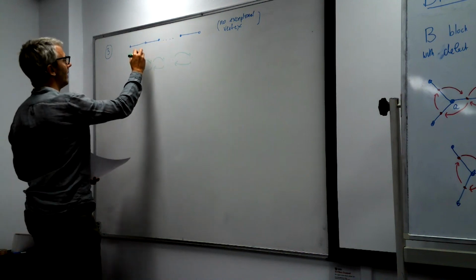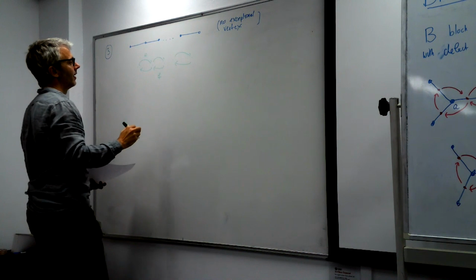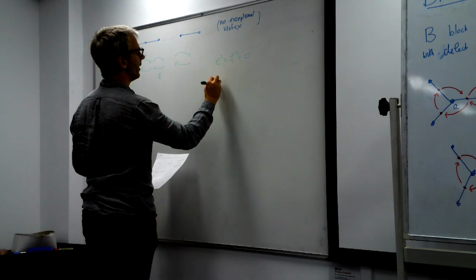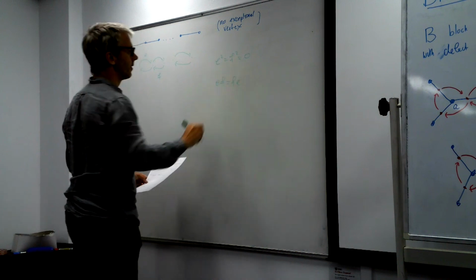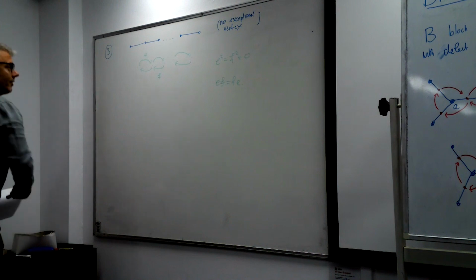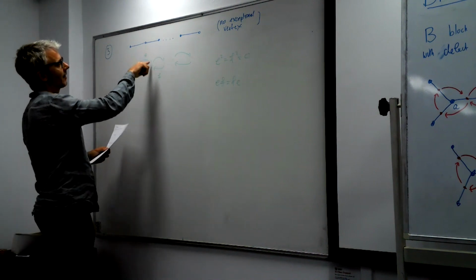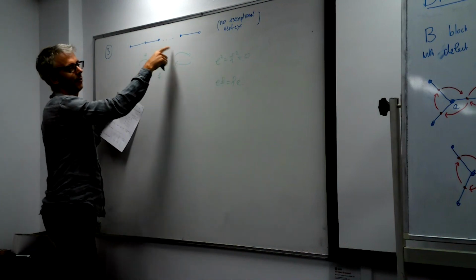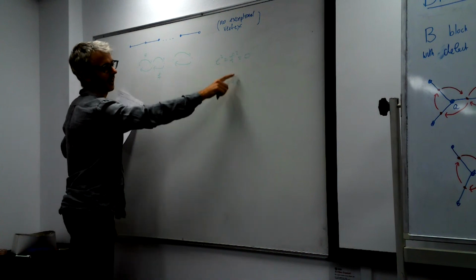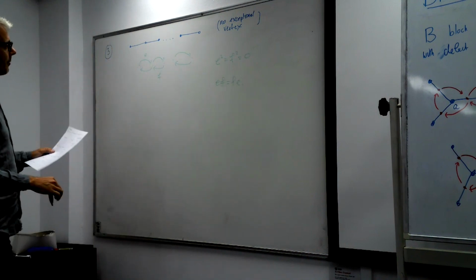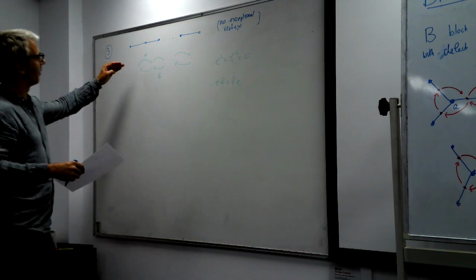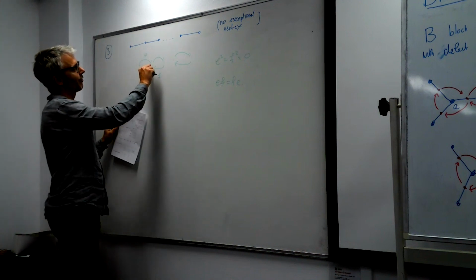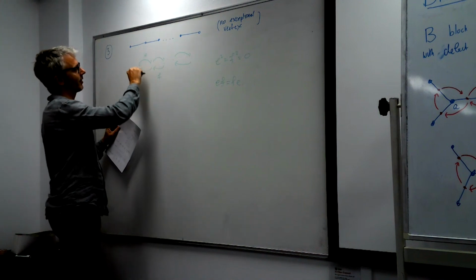And if I call these E and these F, by abuse of notation, my relations are E squared equals F squared equals 0 and EF equals F. So E squared, that's the fact that these two E's are not, so the abuse of notation is that I should really call this E1, E2, etc. But there's only one way to assign labels to this so that it makes sense. And these become the relations. This going twice is 0 is the fact that these are not part of the same cycle. And then the third relation tells me they're going around like this, the same thing is going around like this.